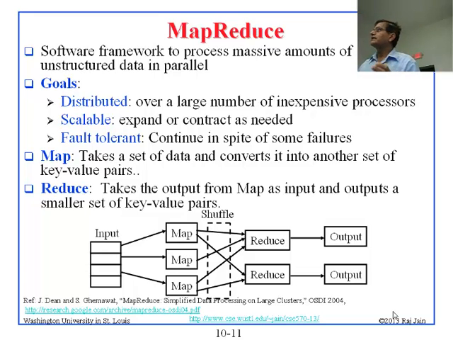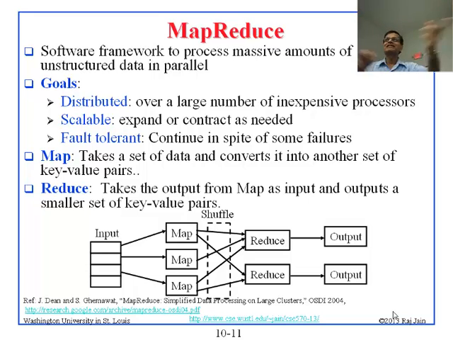So that is what it is: distributed over a large number of inexpensive processors is scalable, and the number of processors obviously is a variable. You give more, less problem, 4, 5, 10, 40, 400, 4,000, doesn't matter. Fault tolerant. And again, just like the disk, if you give it to 4,000, some will go down. These are cheap PCs. Right? So you ask two workers to do the same thing.